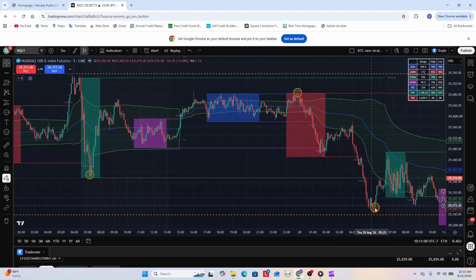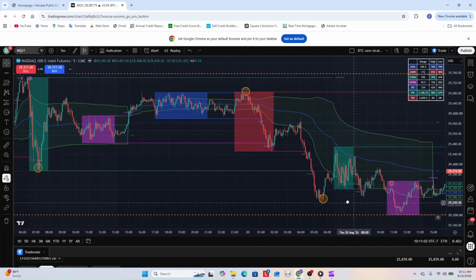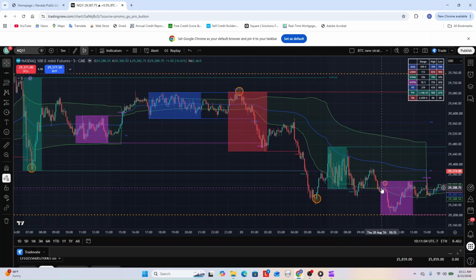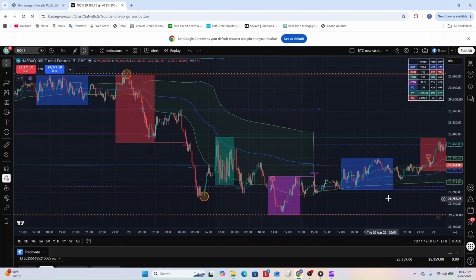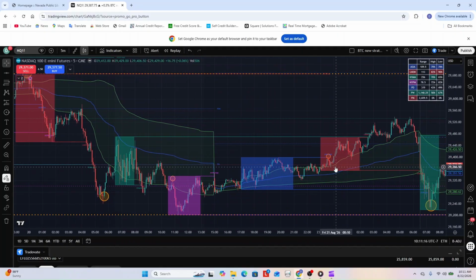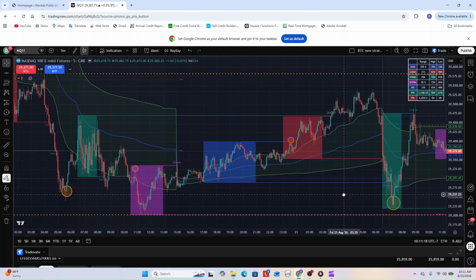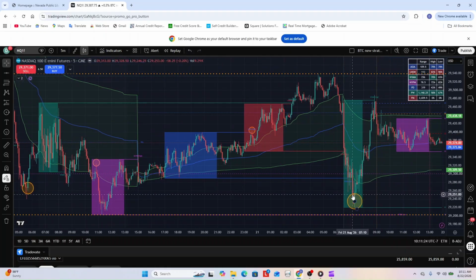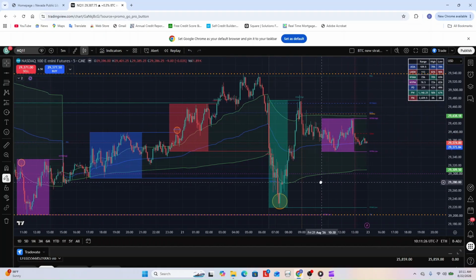It also showed up pre-market, and then it showed up Thursday for New York PM session once. It showed up for London Thursday, and then it showed up for New York AM session once.